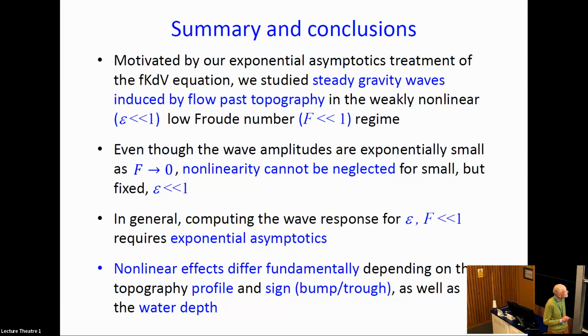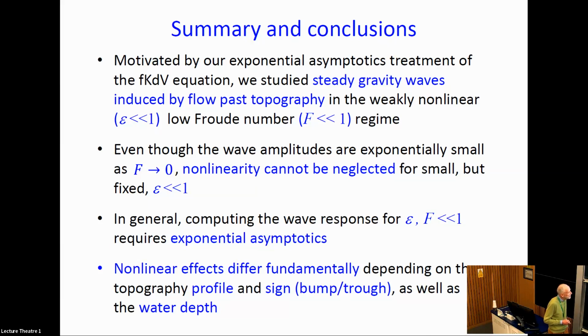A very interesting aspect of this problem is that even though the wave amplitudes are exponentially small, as the Froude number goes to zero, nonlinearity cannot be neglected for small but fixed epsilon. And you actually need exponential asymptotics in this limit, and you have to consider a joint limit of epsilon and F becoming small. So it's a very delicate regime.